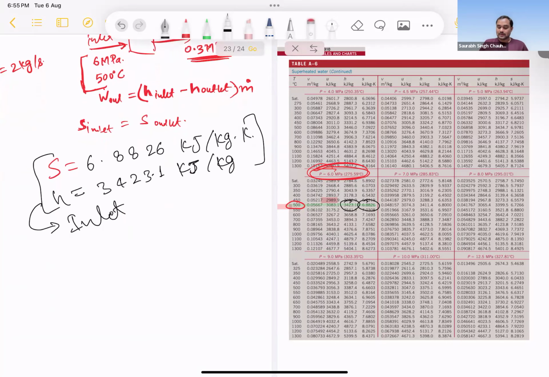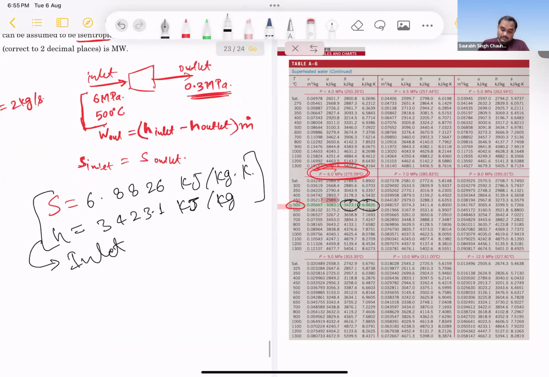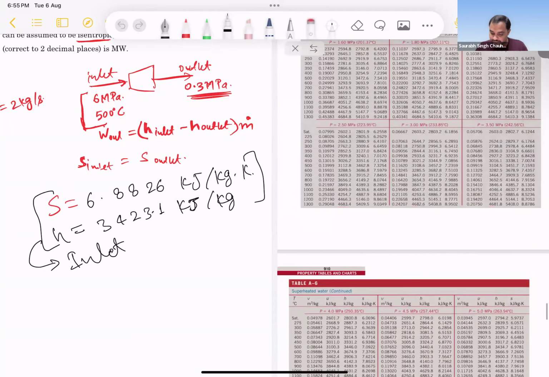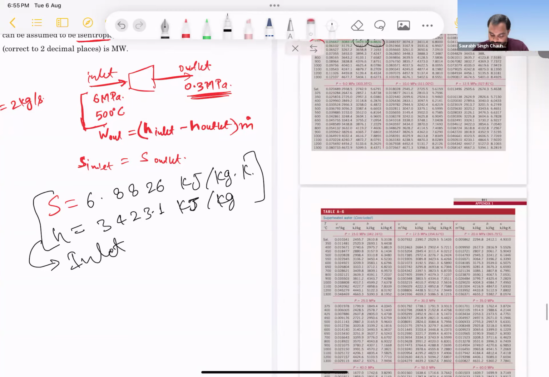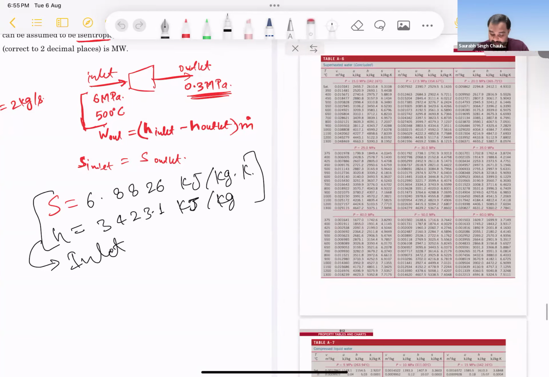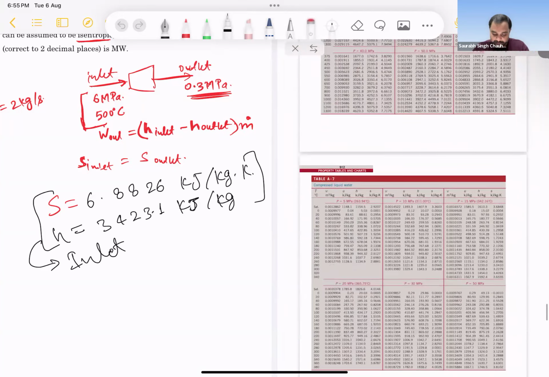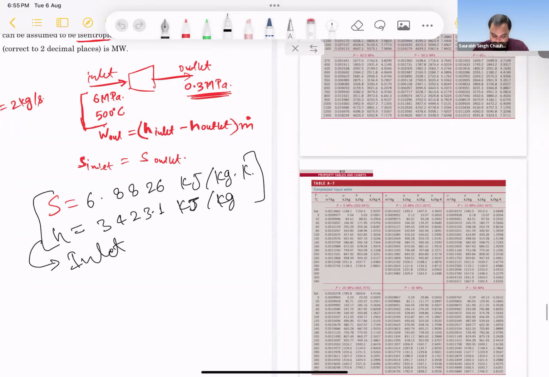So at outlet, what is given? Pressure is given, 0.3 megapascal. So we will have to check the superheated or maybe saturated table for 0.3 MPa.